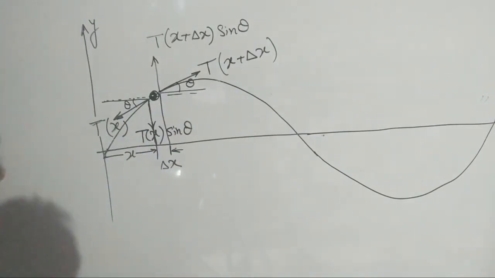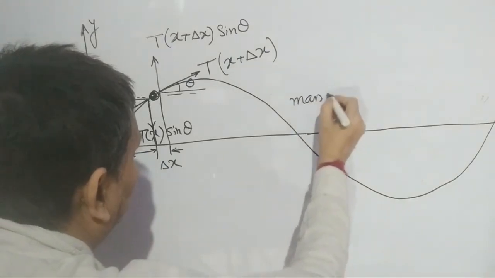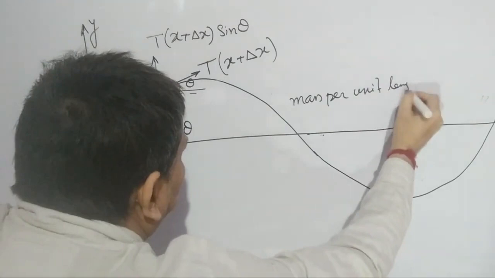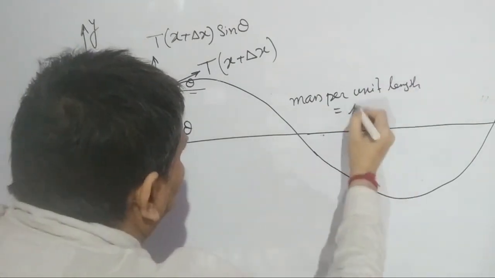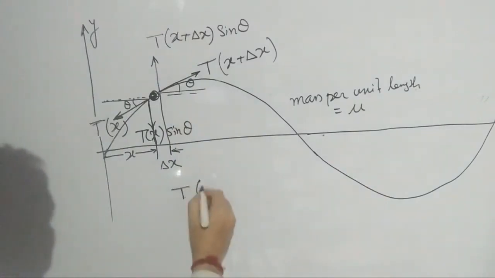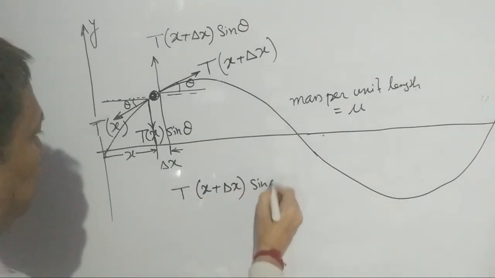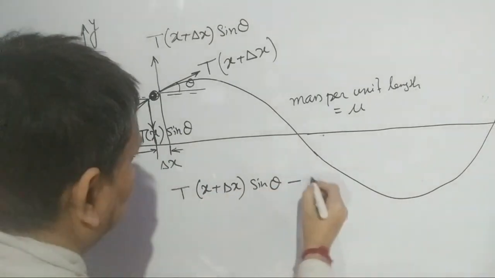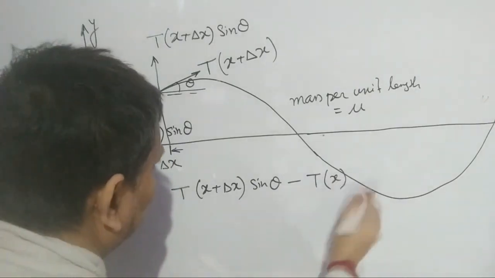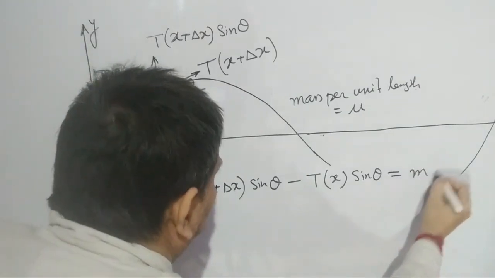If we take the mass per unit length of the string equal to mu, then we can say that tension at a distance x plus delta x times sin theta minus tension at a distance x times sin theta is equal to ma.